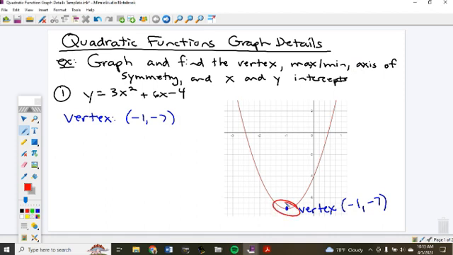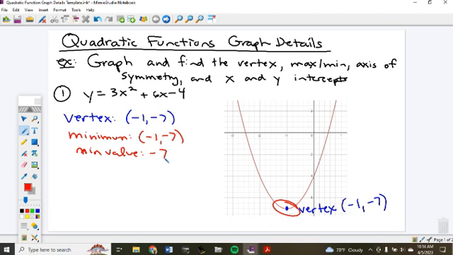This low point, which is also the vertex, is also the minimum. So we could state the minimum with the same point, or sometimes they ask, what is the minimum value? The minimum value is always going to be the y value, which is just -7. It's the low point of the graph. All right?